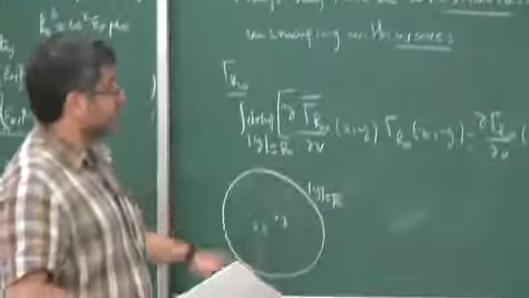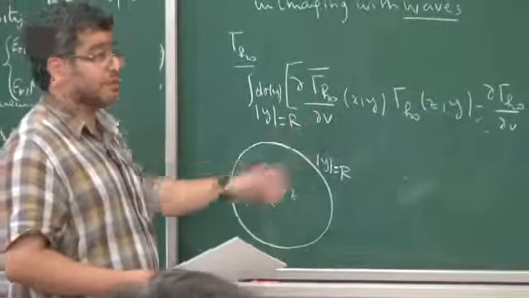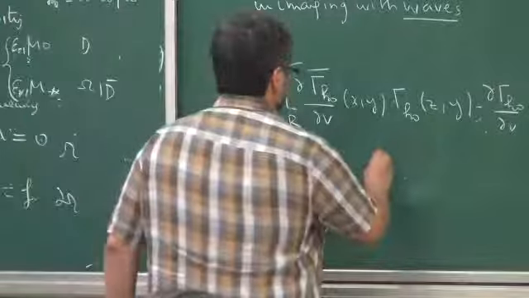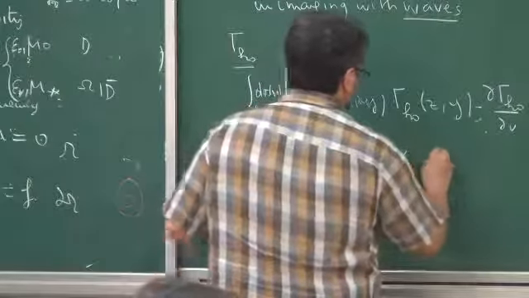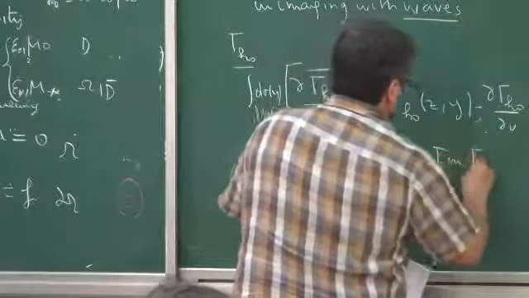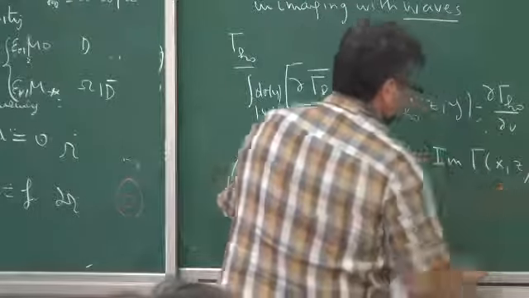This is integration by parts. So you write it by hand and you will get that this is 2i times the imaginary part of the Green function at x and z.